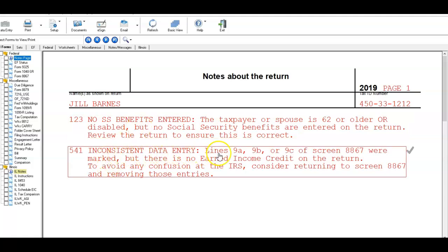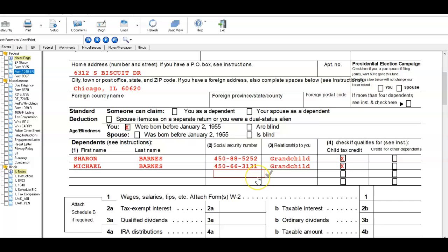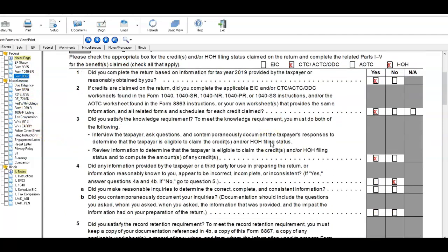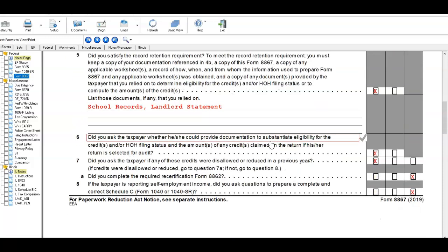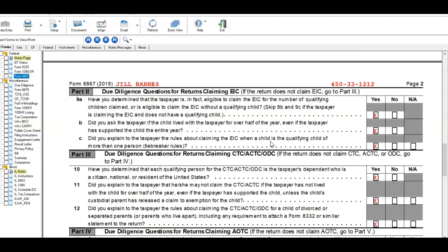Then it says inconsistent data, 9A, B, C. And when you see this here, it's because of the way the form was filled out. So we look at the 8867 from this mode, and we go review our responses, and we go to 9A, B, and C. The reason this note comes up is because this particular client doesn't receive earned income credit.